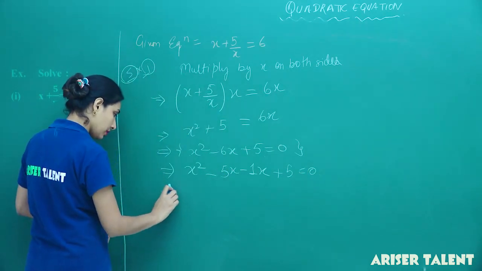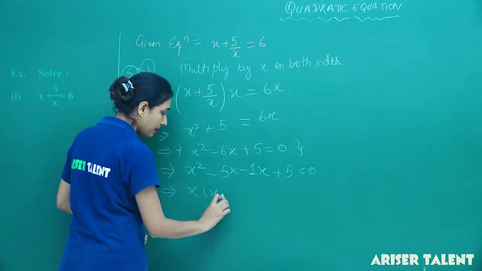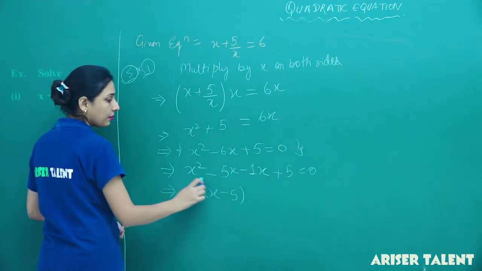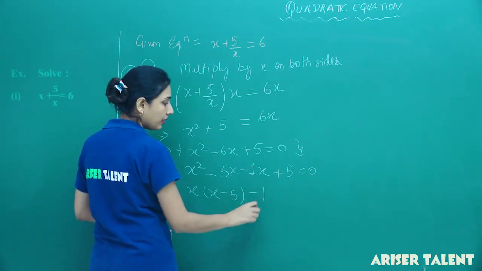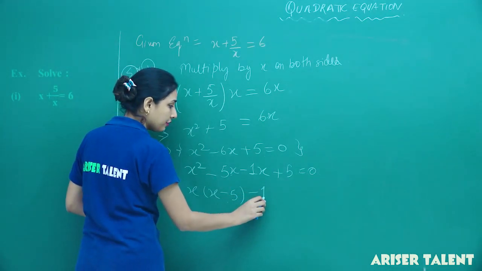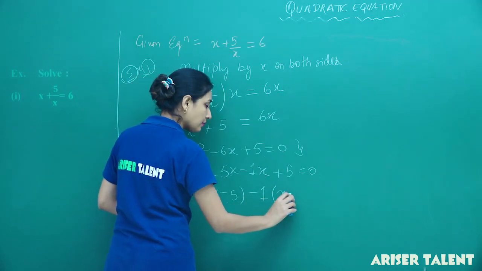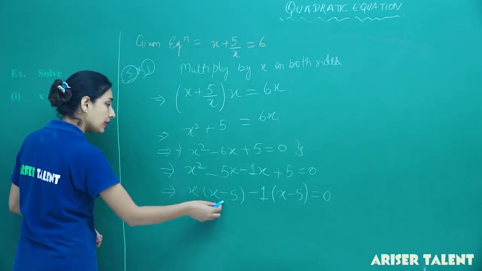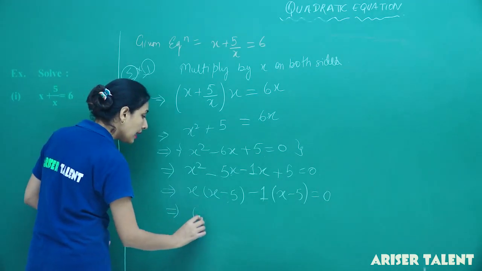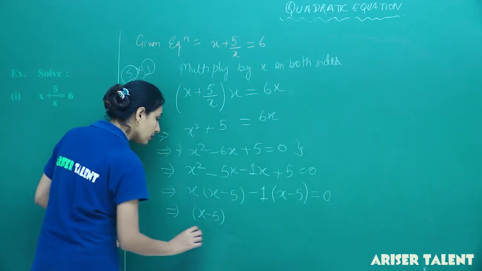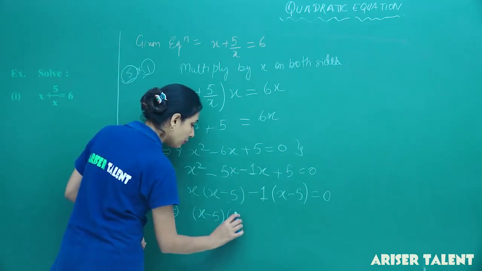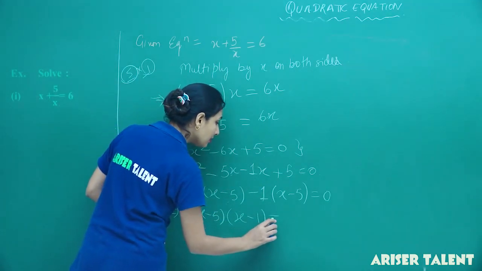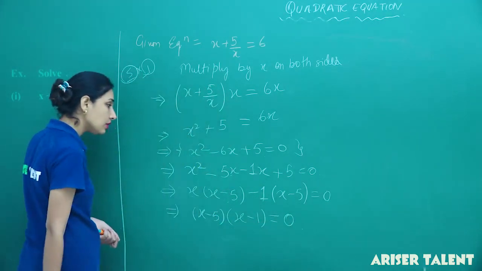Now, take common, follow that procedure. You will have here x minus 5. Now, if you take common 1 here, you will find x minus 5 again. So from these two terms, you can take this x minus 5 common, and you will be left with x minus 1 equals to 0.